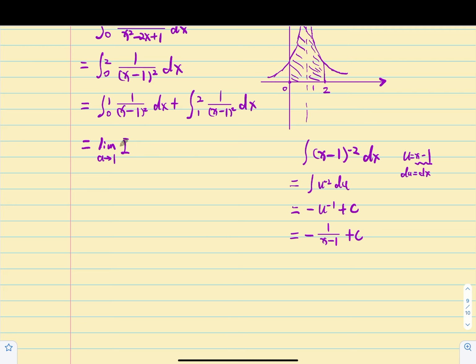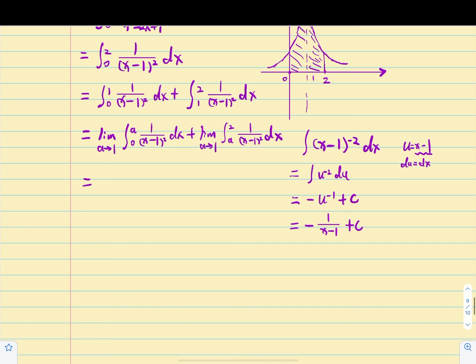So when a approaches 1, that means we take the limit of the integral from 0 to a, where you can approach a but never reach it, of 1 over (x minus 1) squared dx, plus the limit as a approaches 1 of the integral from a to 2 of 1 over (x minus 1) squared dx.